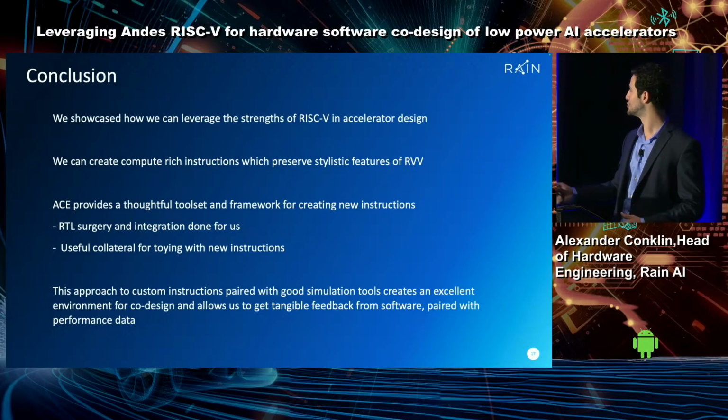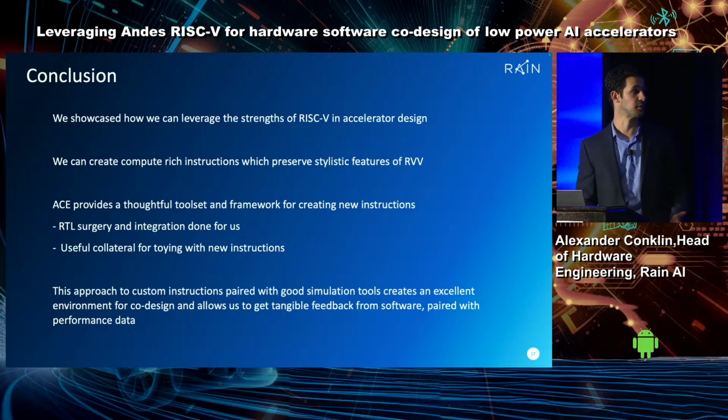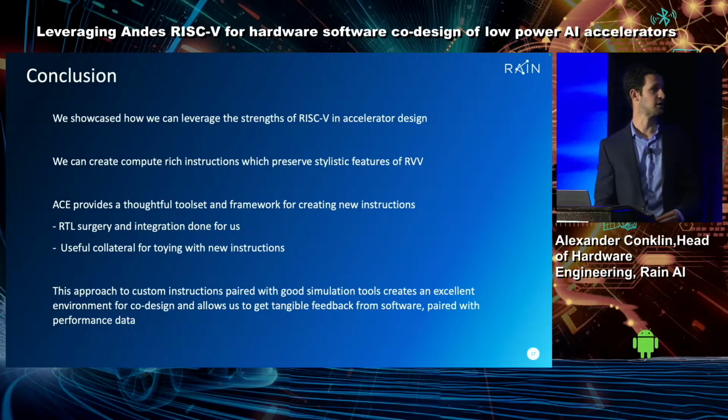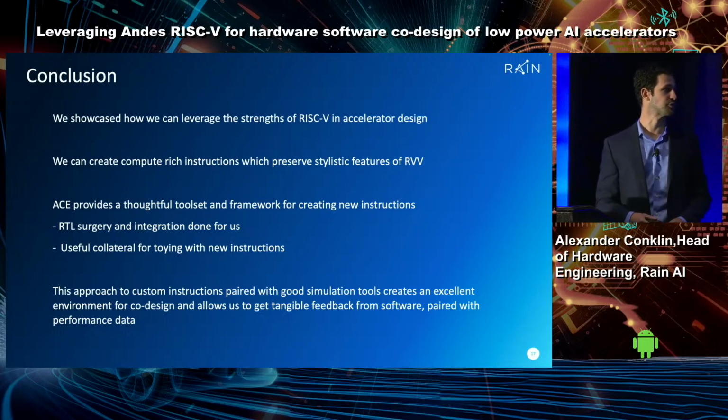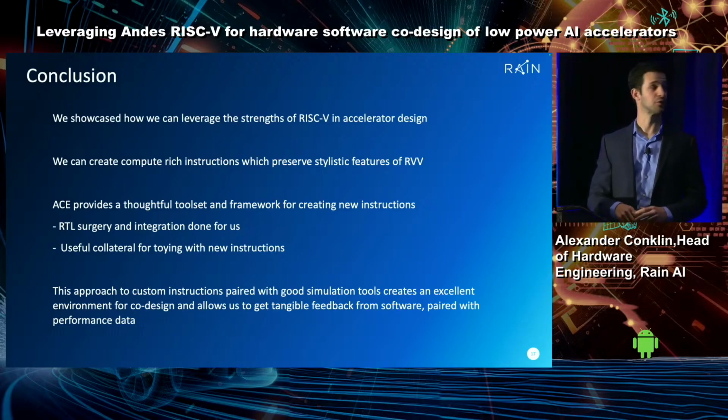So in conclusion, we showcased how we can leverage the strengths of RISC-V and accelerator design. We can create these compute-rich instructions that feel very familiar to us. And ACE provides a nice tool set for doing so. The process of RTL surgery is handled for us, and we have this useful collateral.